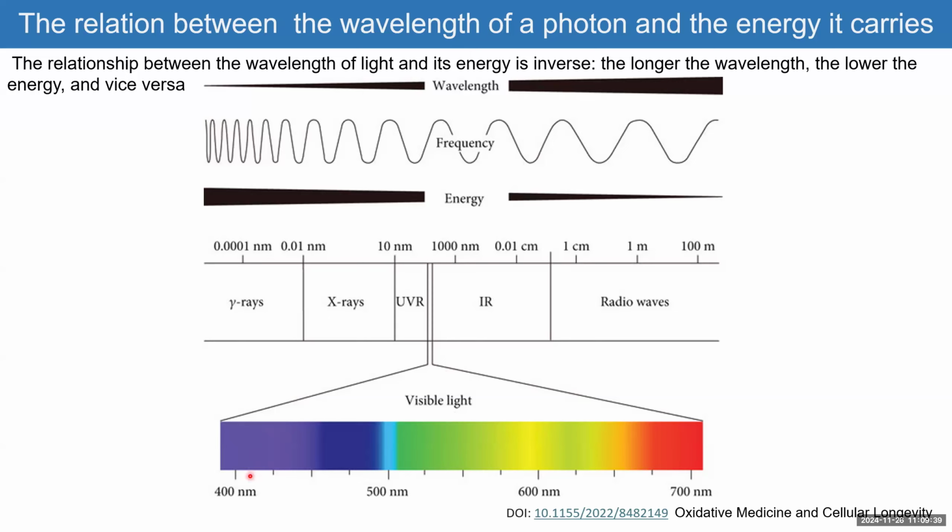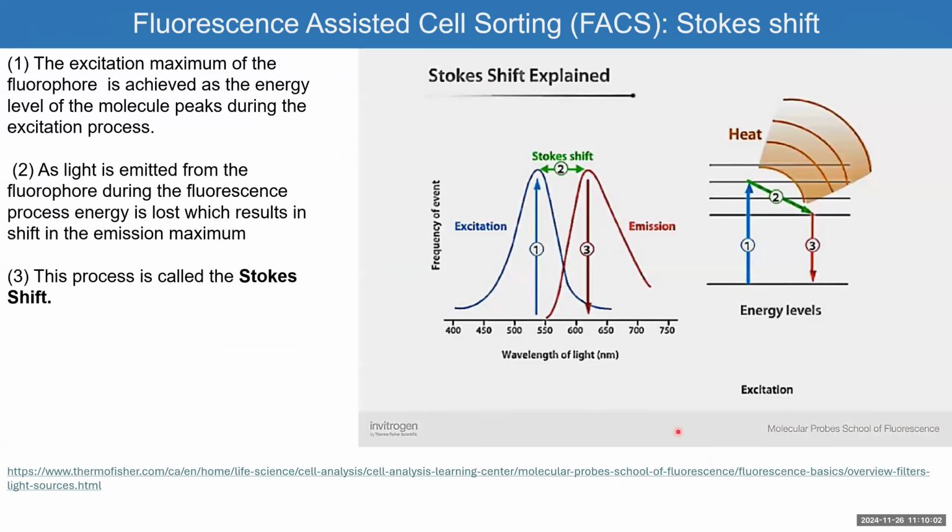And there's a big chance that this fluorophore can lose energy to become green, and lose more energy to become red. Okay, so these are basic physics. I'm not going to ask you in the exam about the difference between gamma ray, X-ray and UV light.